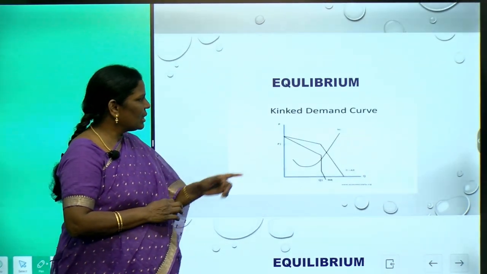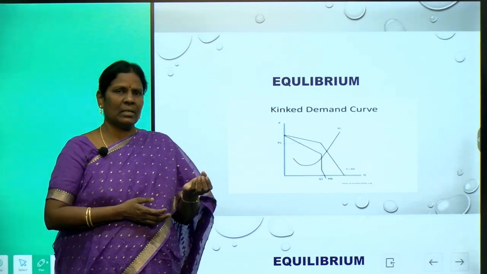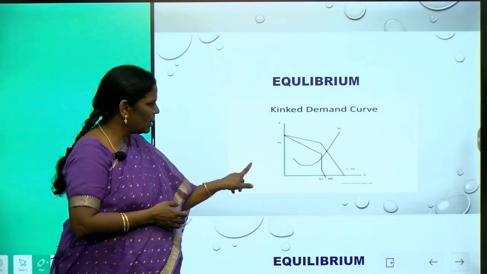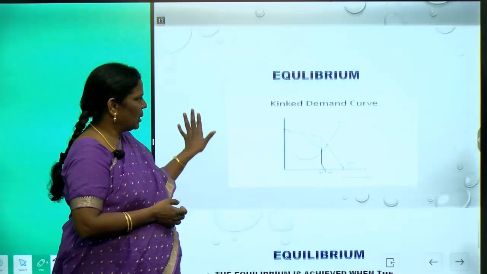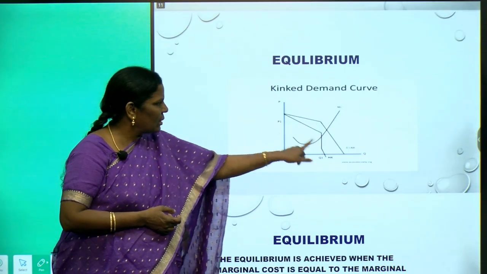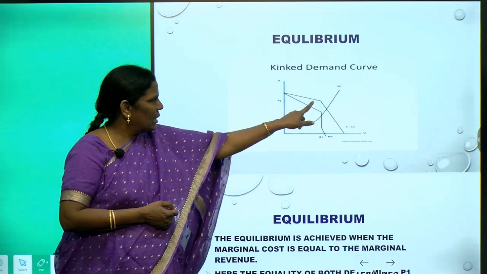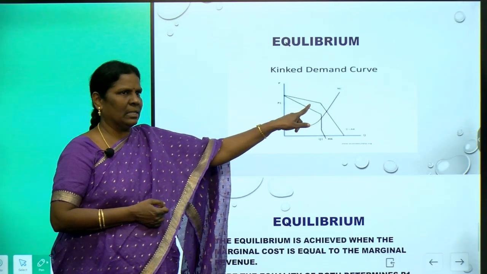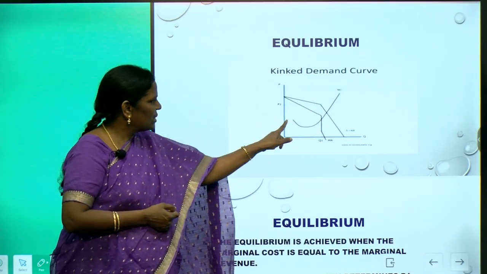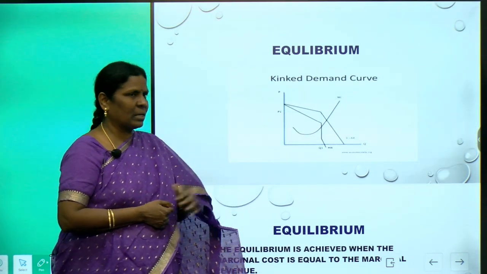And coming to the equilibrium, how the firm determines the output with a fixed price. This is the diagram for that. See, equilibrium. This is a kinked demand curve, you know very well, DD, and at point P there is a kink, and this is the MC curve and this is the MR curve.